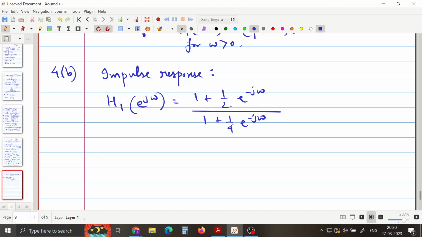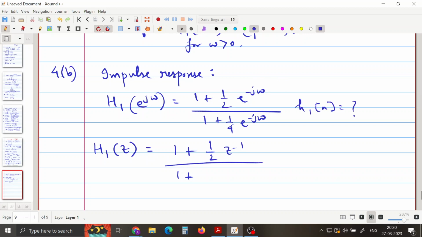So I am just replacing e power j omega by Z. This is the same as H of z equals 1 plus half Z inverse by, so basically here I am trying to find the impulse response H1 of n for the first system.